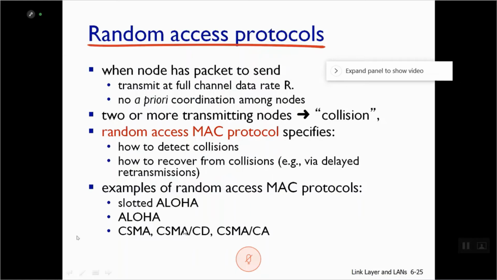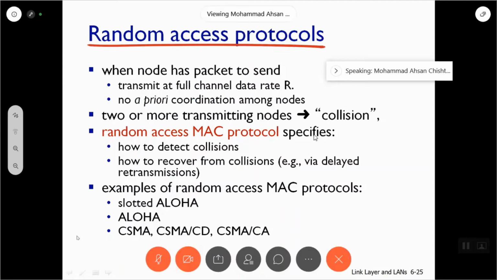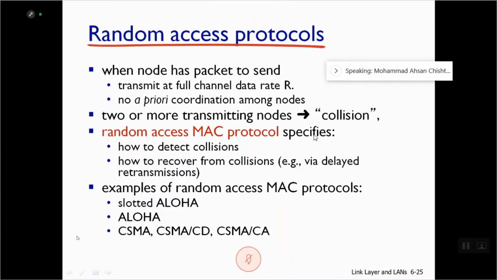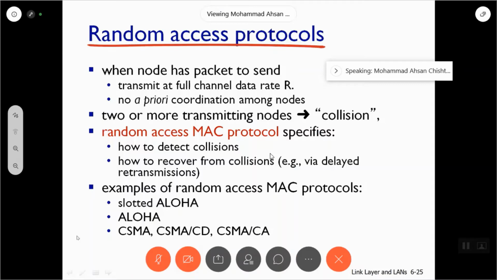All right. So we move back now to random access protocols. In random access, we just discussed that you start transmitting without actually caring who else is transmitting. And then if there is a collision, it will start to retransmit based on some delay. And delays again are independent.